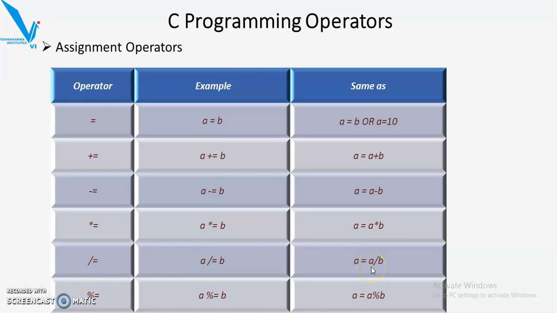Similarly, the left hand side operand a is divided by the right hand side operand b and the result is stored into the left hand side operand a. Similarly, the modulus of the left hand side operand a and the right hand side operand b is calculated and it is stored into the left hand side operand a.